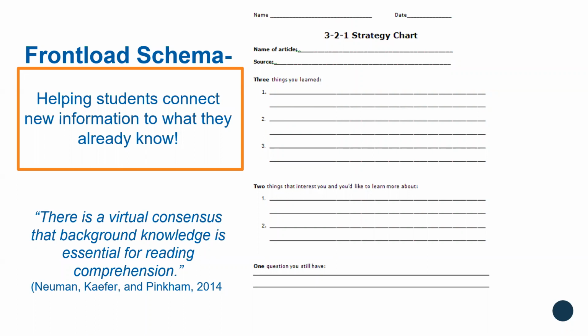Then those students return, and you can use this graphic organizer to help front load background knowledge, where they are just going to tell the educator 3 things they've learned in the article, 2 things they were interested in and want to know more about, and 1 question they still have. This research below shows that there is virtual consensus that if we front load that background knowledge, comprehension will be improved.